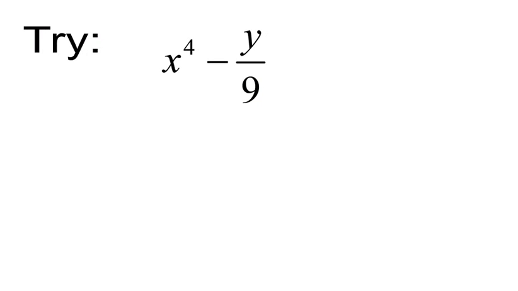Your turn. Write this to the best of your ability. Pause the video. Okay, you could say x to the 4th minus the quotient of y to the 9th.